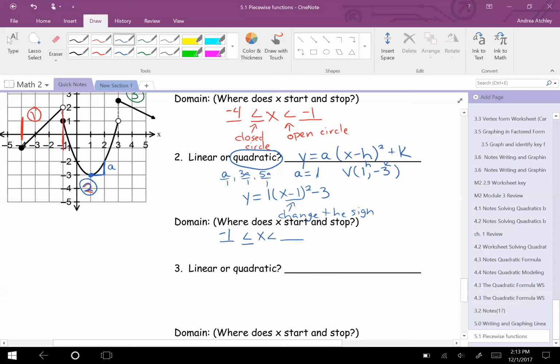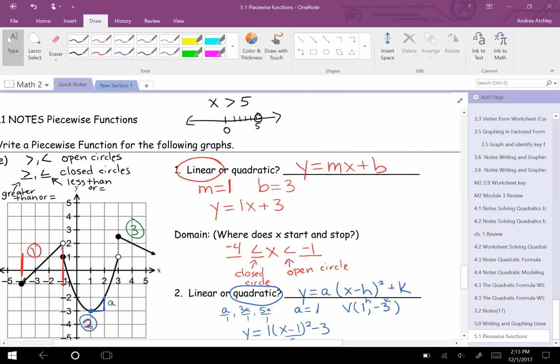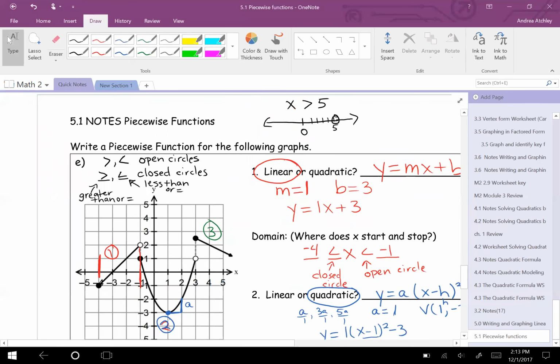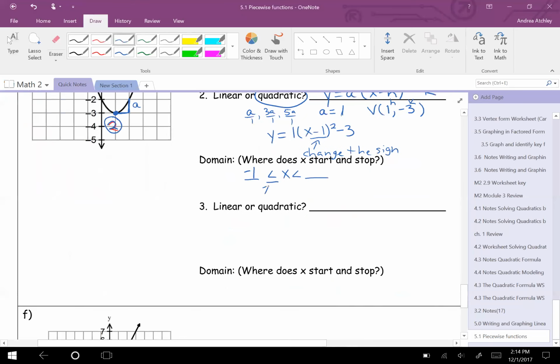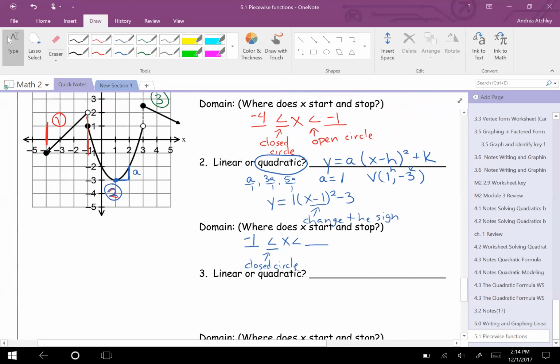Yes, and why can it equal it? Let's go back to where we talked about open and closed circles, right? Because it's a closed circle. And closed circles mean it can equal that number. Okay, then we're going to go back to where that parabola ends.